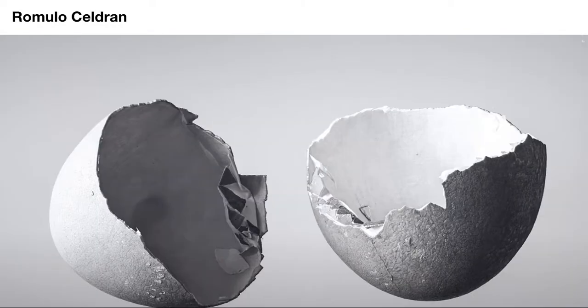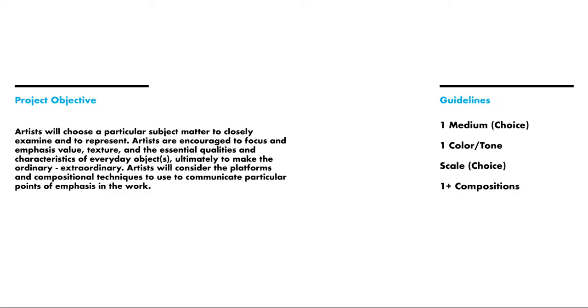So let's go back to the guidelines. You're going to choose one medium to work with, and so in your process portfolio, you're going to actually play around with figuring out what medium you're going to use, whether it's a type of paint or if it's graphite, charcoal, pencil, a mark making medium.